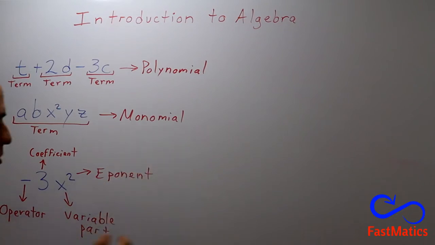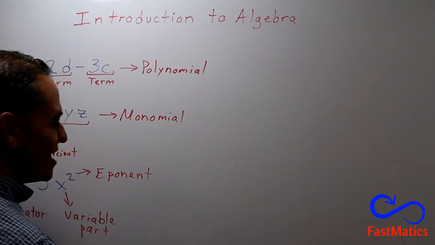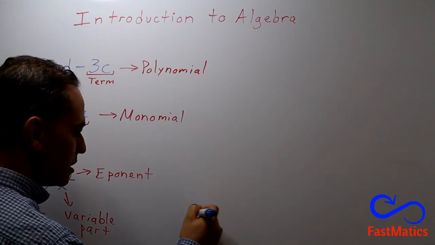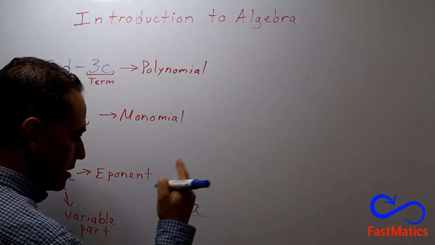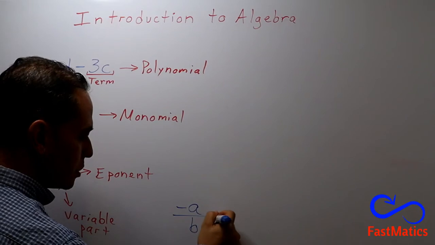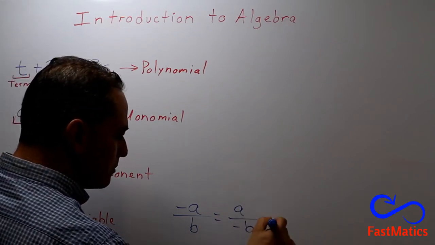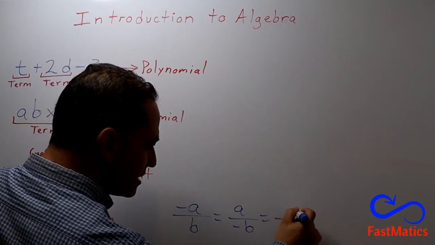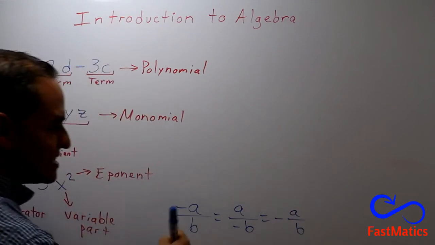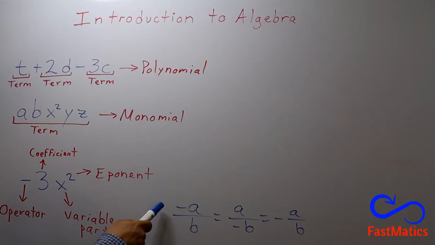Also, we have to know that a fraction with a negative sign can be written as negative a over b, but also as a over negative b, but also as negative a over b. It is the same. When you have a negative sign, pay attention, please.